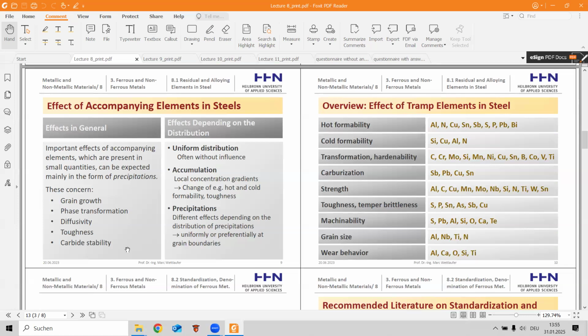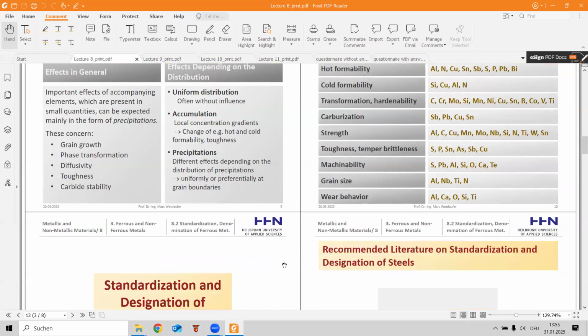Carburization: aluminum, chrome, copper, lead, titanium, and others. Machinability, grain size, and wear behavior: aluminum, calcium oxide, silicium, titanium.